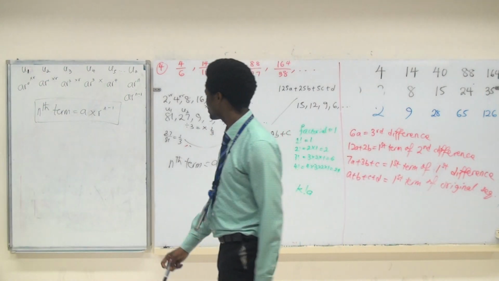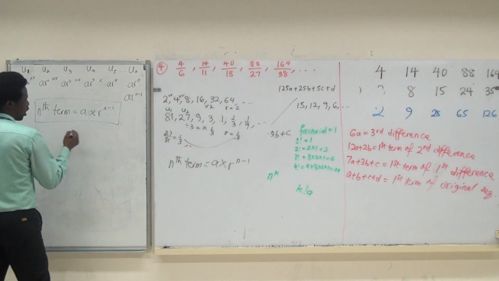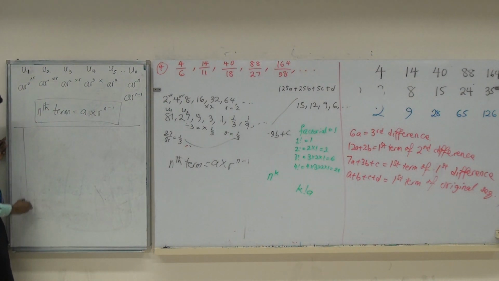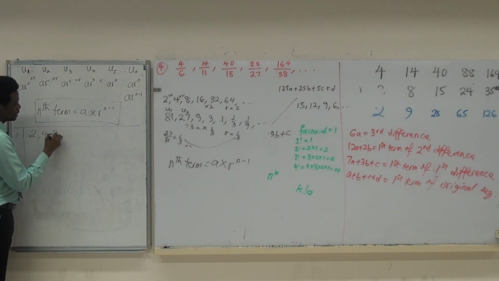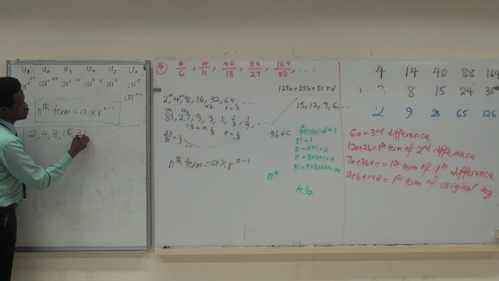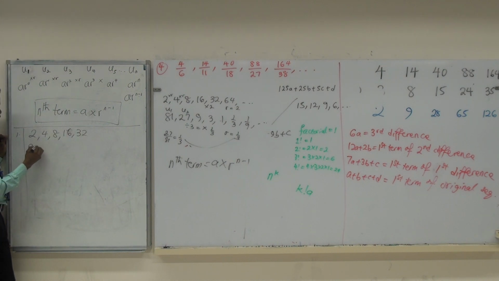Okay? So let's try to get the nth term of this. Everybody, please pay attention. I have 2, 4, 8, 16, 32. So again, you say A is equal to 2. That's easy, right?